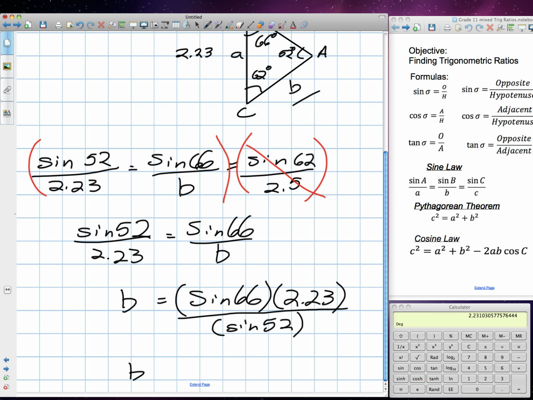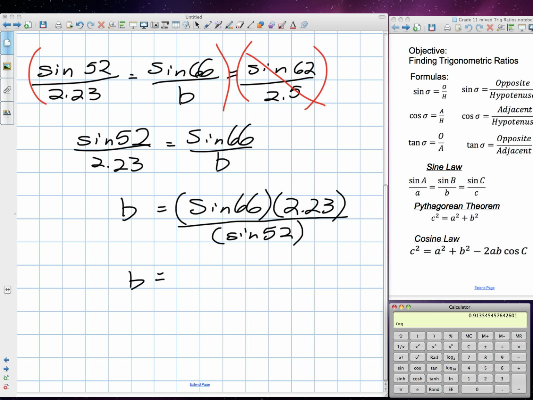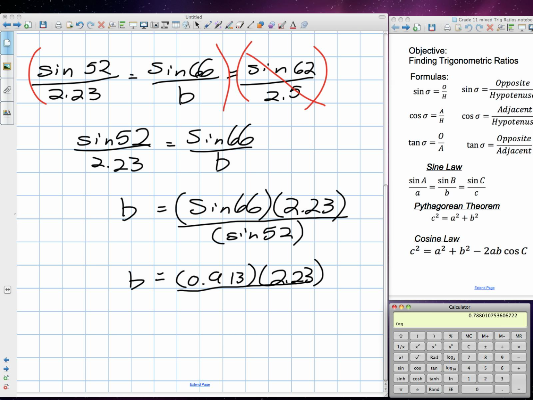We put this into our calculator. Sine 66 is 0.913. So 0.913 times 2.23 divided by sine 52. Oh yeah, we had that from before.